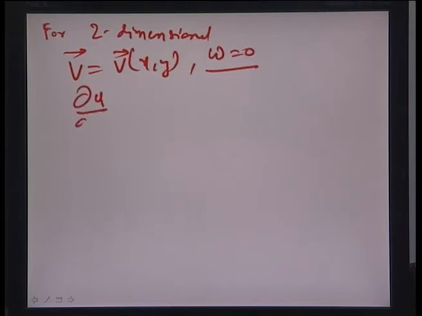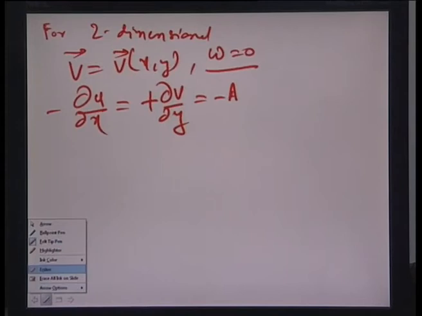So, the continuity equation changes to del u by del x equal to minus del v by del y, and let us say these are all equal to a constant, minus a. Therefore, we can safely integrate and find the value for the velocity v.